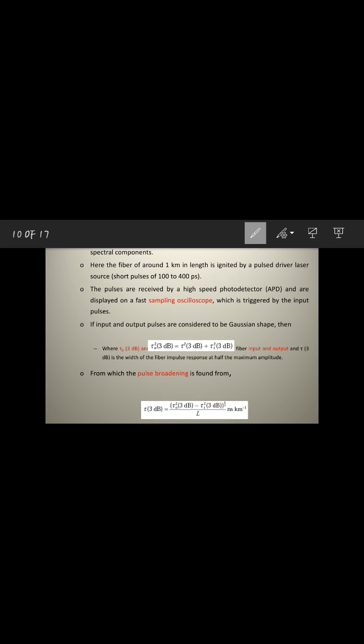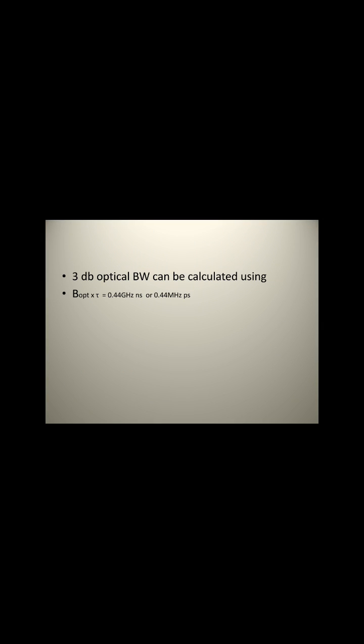Only the pulse spectral width gets varied. So you can find out the delay between the reference pulse and the output pulse through the fiber. The optimum bandwidth into tau is going to be 0.44 gigahertz, which can be calculated.